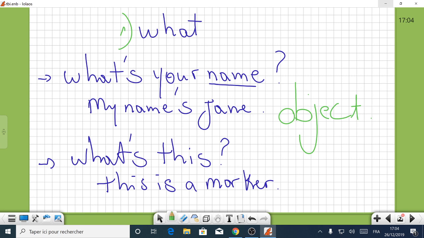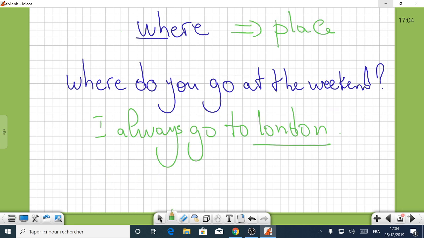For example, we use what to ask about objects here. And the example is like, what's your name? My name's Jane. What is this? This is a marker. So we use it to ask about names, to ask about objects. And here we go to the next one, where we use where to ask about place. The question is, where do you go at the weekend?